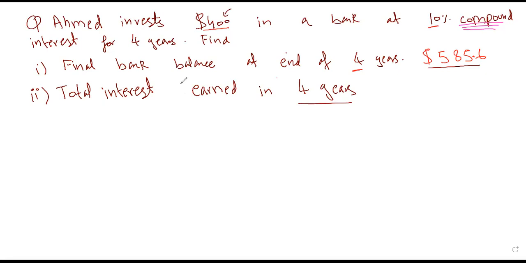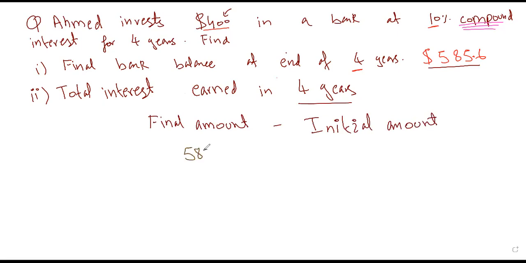So how do we do this? By simply subtracting the initial amount from the final amount. Final amount is $585.6. Initial amount is 400.